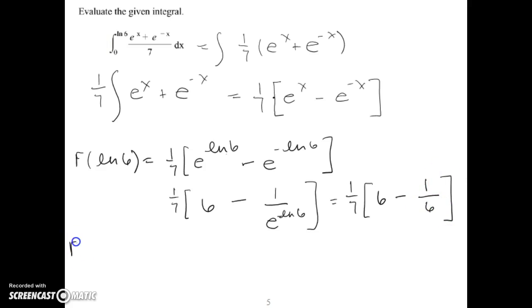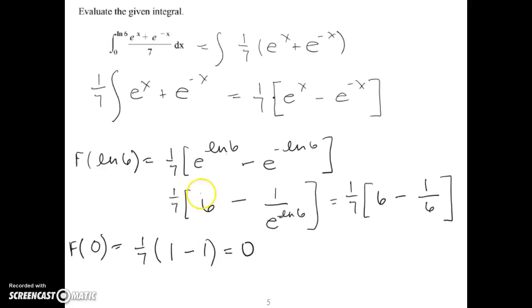And then if we find f of 0, that is going to be 1/7 times e to the 0, anything raised to the 0 is 1, minus, again, 1, which is 0, it's just going to be 0.